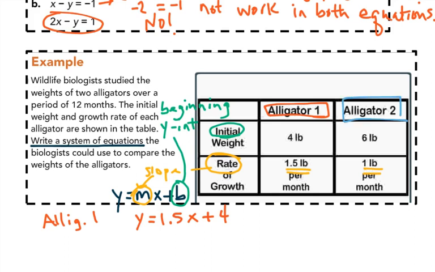So alligator 2, we have y equals the rate, which is 1, x plus the initial weight, which is 6. So that is your equation for alligator 2. And then the way we show that it's a system is we put a little bracket between the two. So there is your system of linear equations.